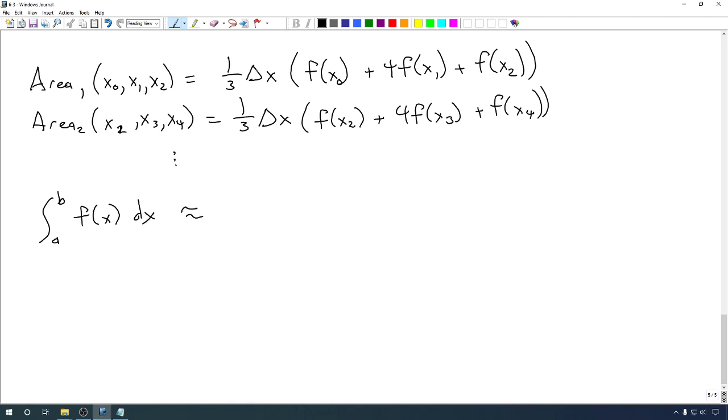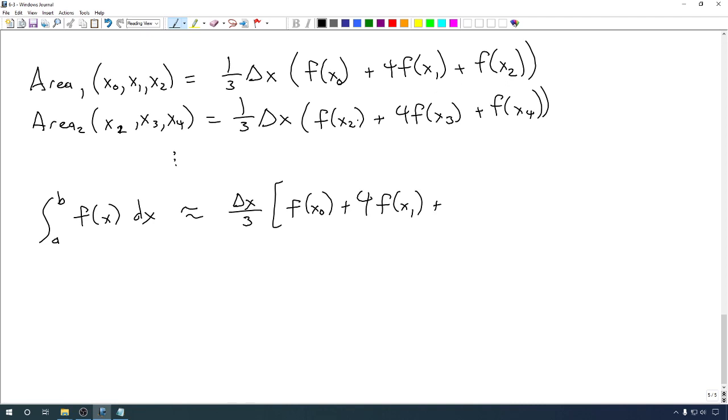Of course, all these 1/3 of delta x are going to factor out. So we have a delta x over 3 out in front. Inside, notice that we do get to keep f of x0 just by itself. It doesn't really pair with anything. In fact, the f of x1 doesn't pair with anything either, but it has a factor of 4, so we need to keep that.